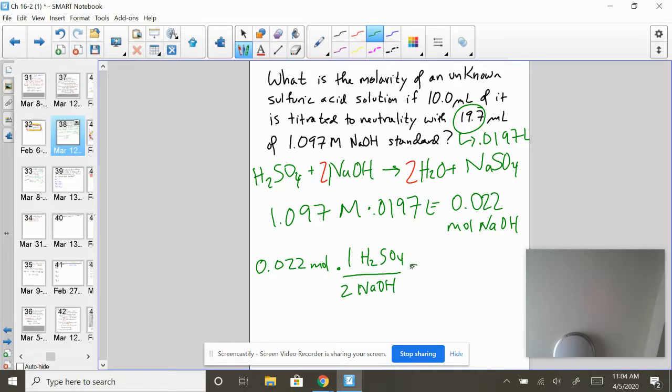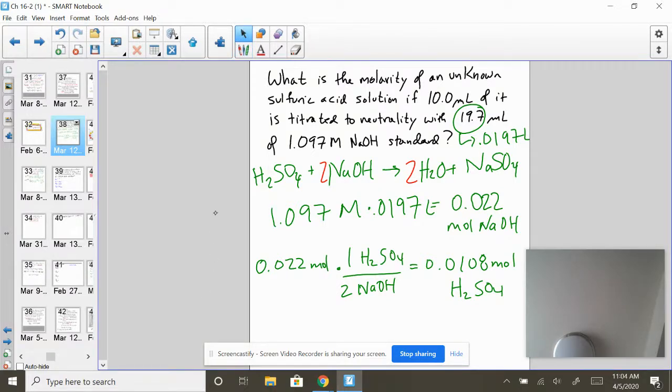That's going to yield 0.0108, and that's giving me my moles H2SO4. All right, so now I've got my moles H2SO4, but we're not done just yet.